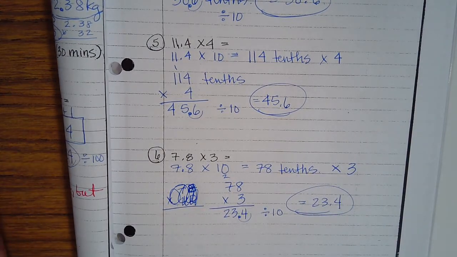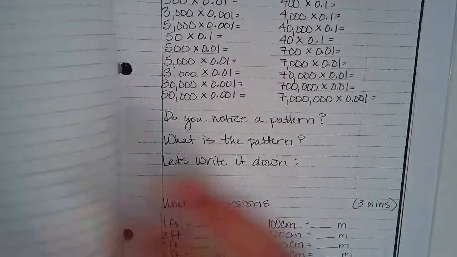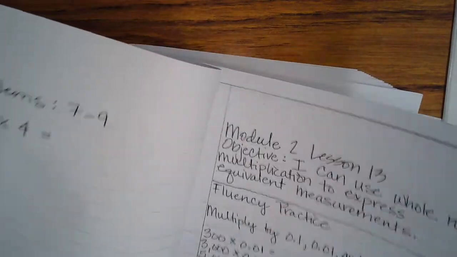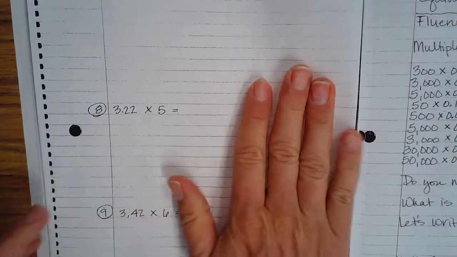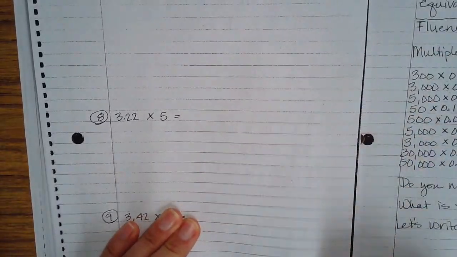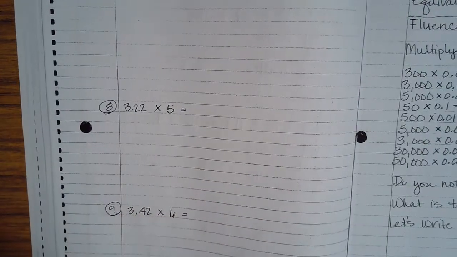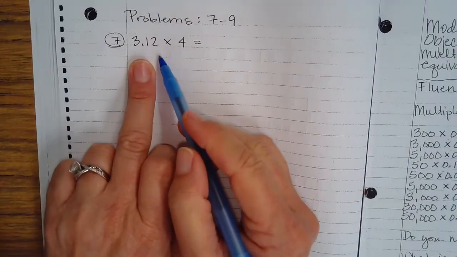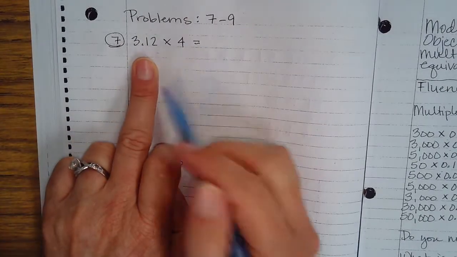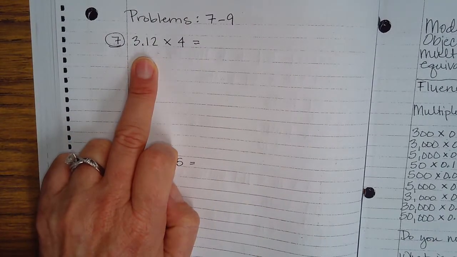All right. Moving on to problem 7. Problem 7, 8, and 9. All right, so now we're going to do the same thing, but guess what? How many numbers do we have behind the decimal this time?